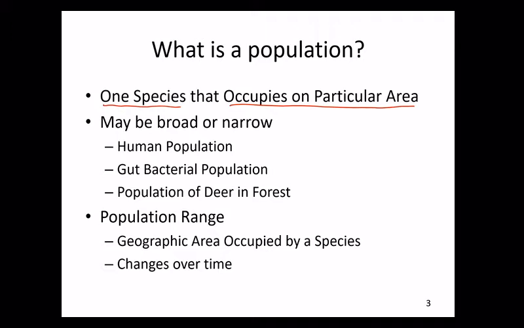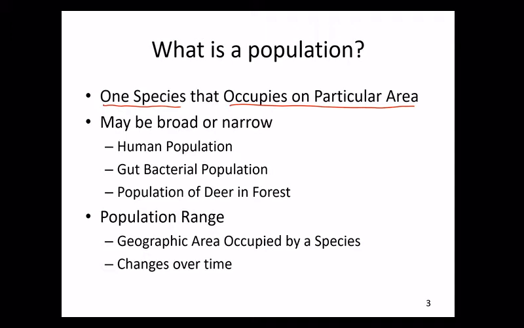And we're going to take apart these two different parts and begin to look at a better understanding of how this relates to population ecology. So we're looking at one species. Similar to our definition of population in the genetic sense, these are going to be individuals which share genetic information, one species.